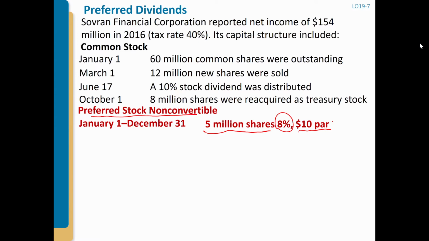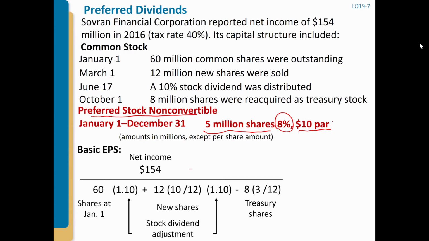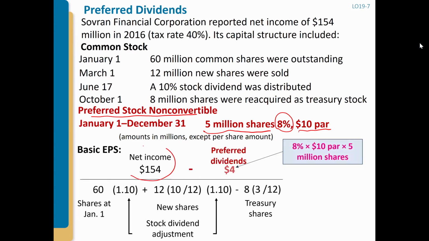When we calculate earnings per share, remember, it is calculated only for common stockholders. On the top here it was net income, but accurately we should call it earnings available for common stockholders.